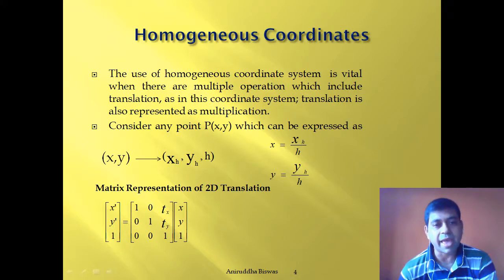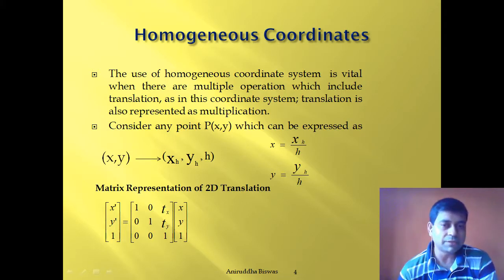So simply we add another term h here. It can be called w or whatever you like, but the basic idea is we are putting another dimension here. It means if we have a point P at xy coordinate and P dashed at xh, yh coordinate, and h is the factor, we can write x equals xh by h, so x into h equals x suffix h, and similarly y equals y suffix h by h.